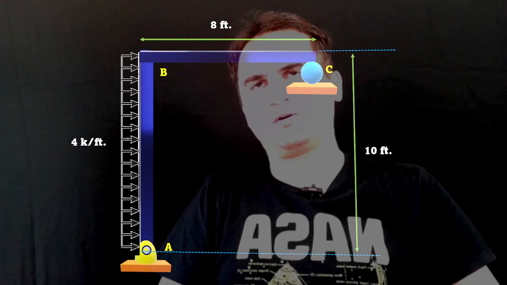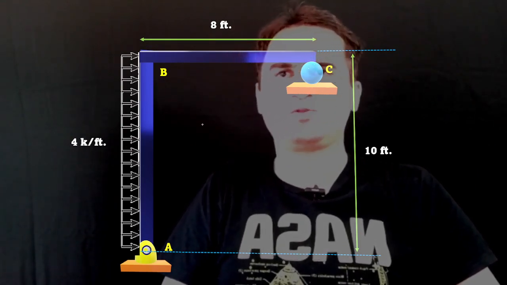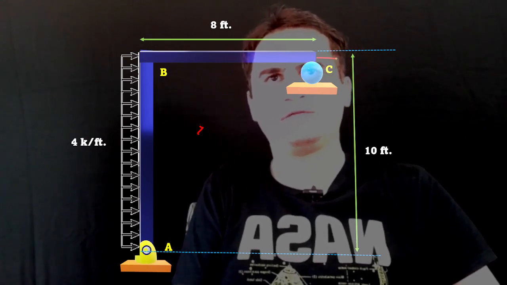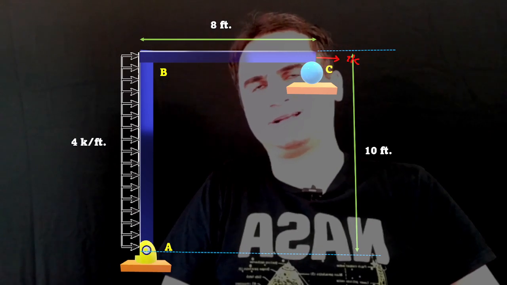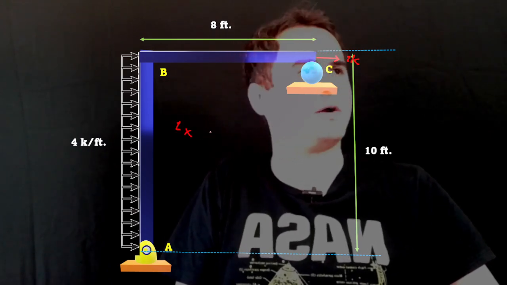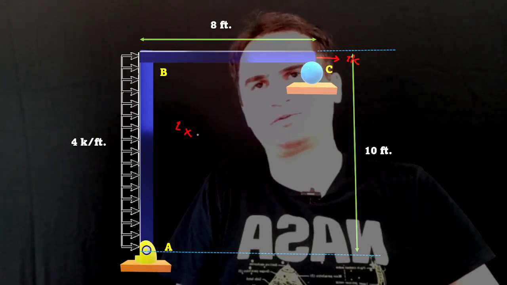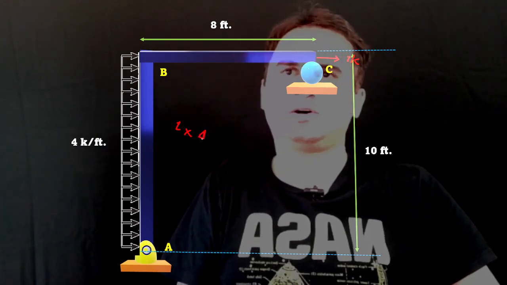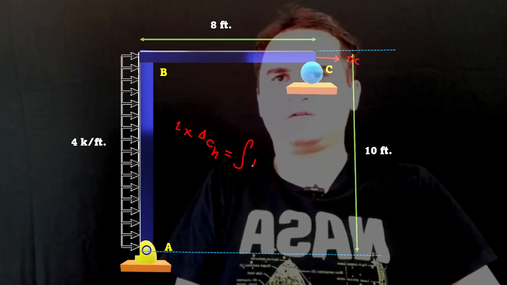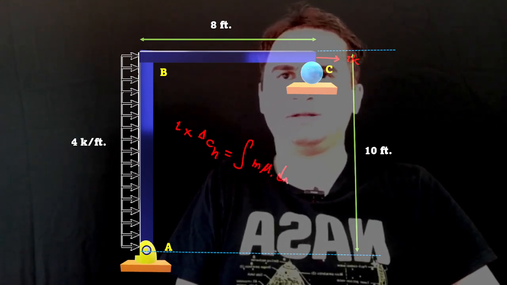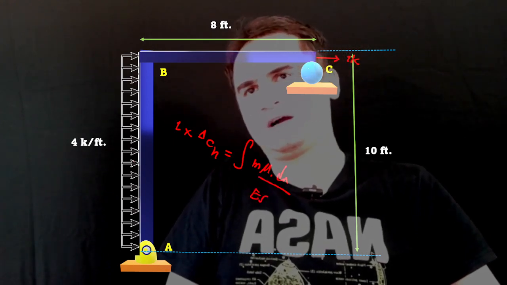If this is our main problem, we can apply the virtual work method by applying a 1 kip unit force, and solve it by the virtual force method. 1 times delta C horizontal is equal to the integral of small m times capital M over EI. Definitely we have two parts.